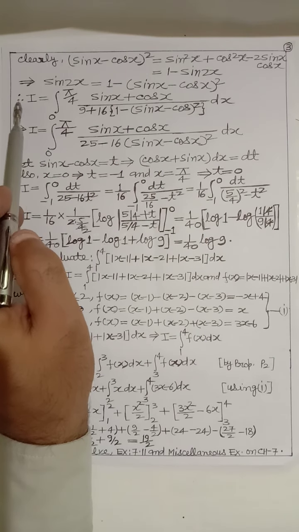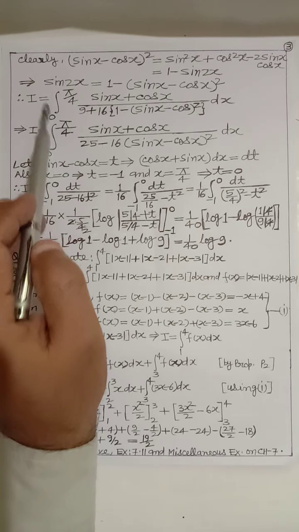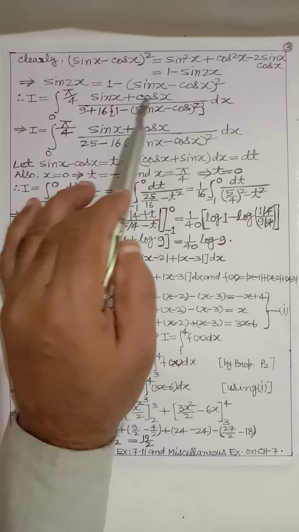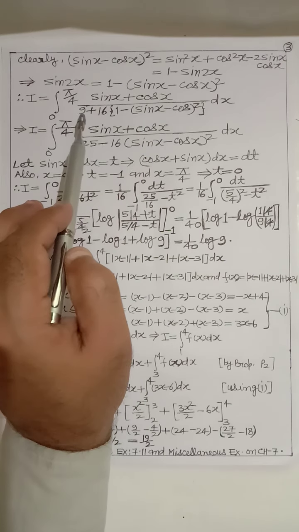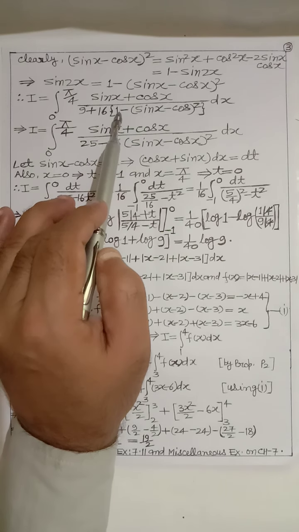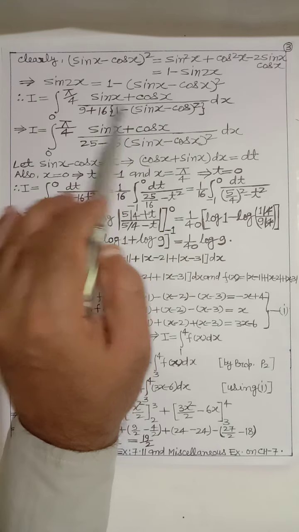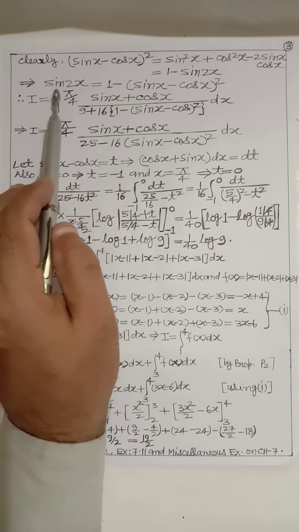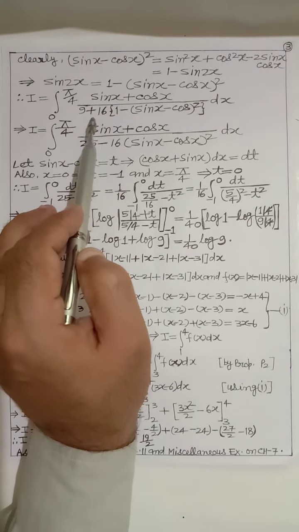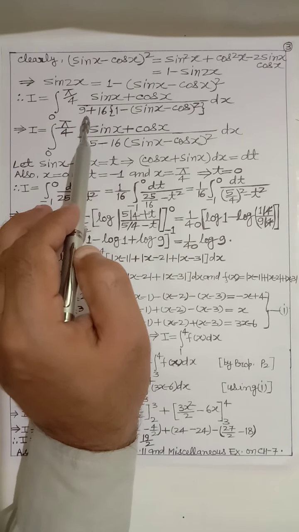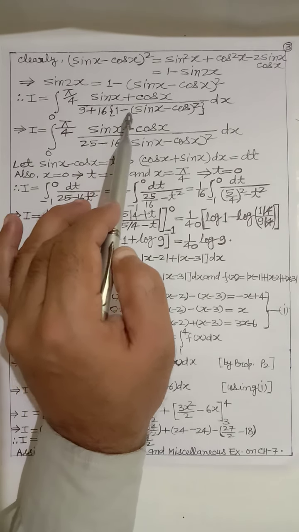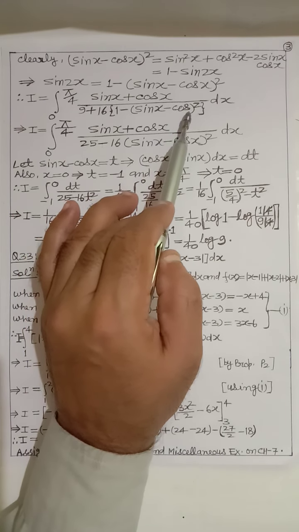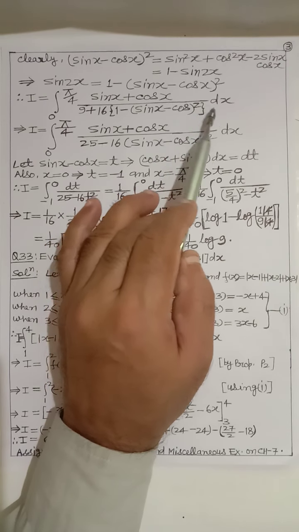So I is equal to integration of 0 to pi by 4 of sin x plus cos x by 9 plus 16 sin 2x, so we can write 9 plus 16 into 1 minus sin x minus cos x whole square dx.